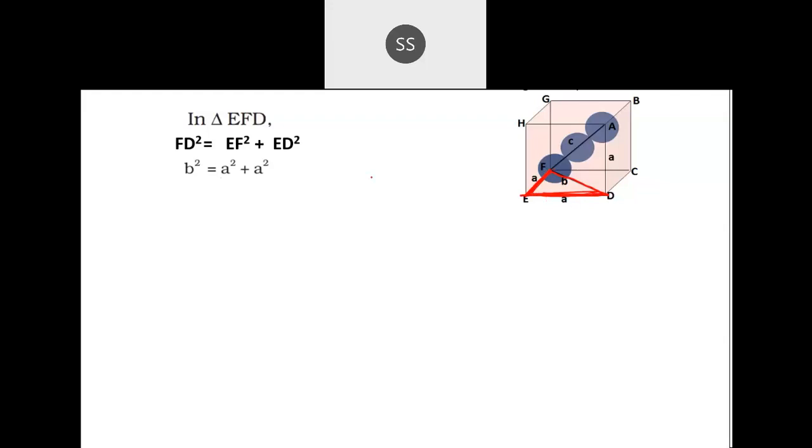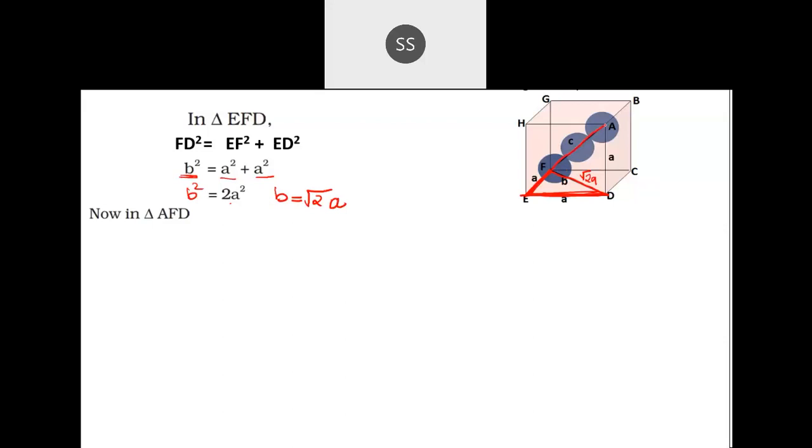So FD is the hypotenuse which we have considered as b, so b square is equal to a square plus a square, which is 2a square. So b square is equal to 2a square. If you want, you can write in terms of b also: b will be root 2 a.